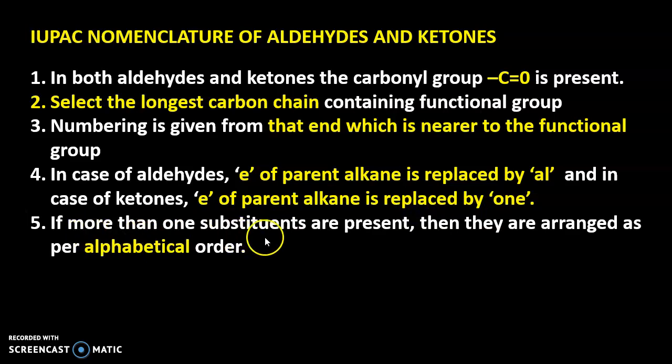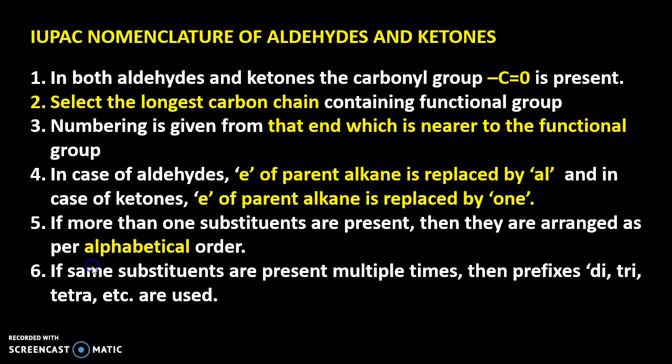If more than one substituent is present, then they are to be arranged in alphabetical order, and the rules regarding substituents are to be followed. If the same substituent is present multiple times, then we have to use the prefixes like di, tri, tetra, etc. So these are the basic rules of IUPAC nomenclature of aldehydes and ketones.